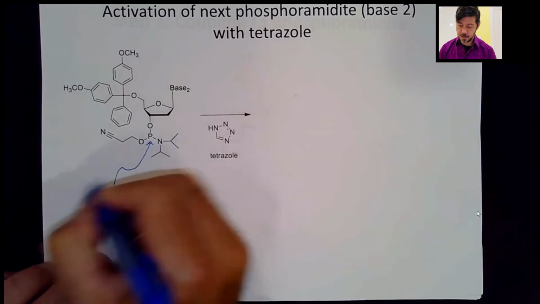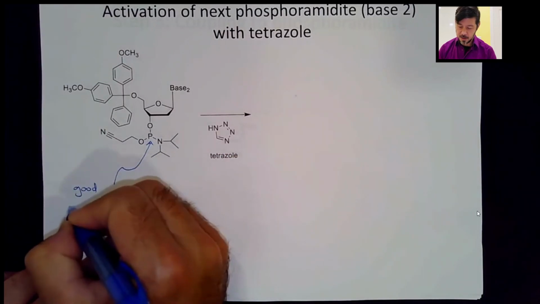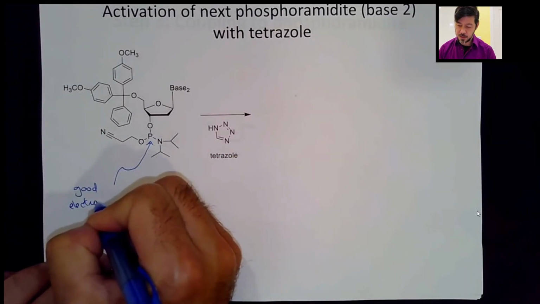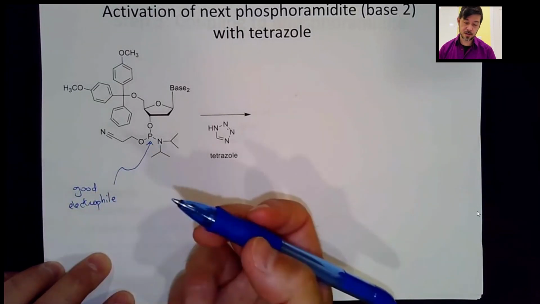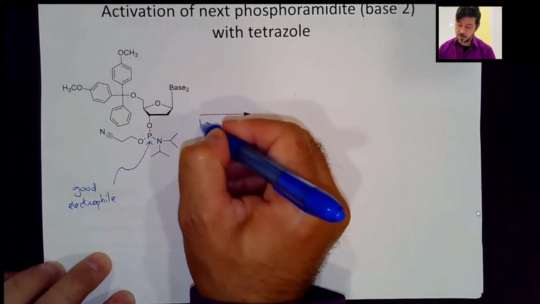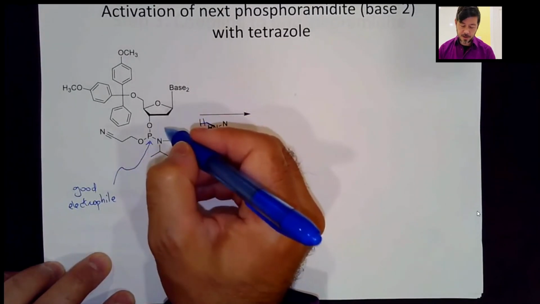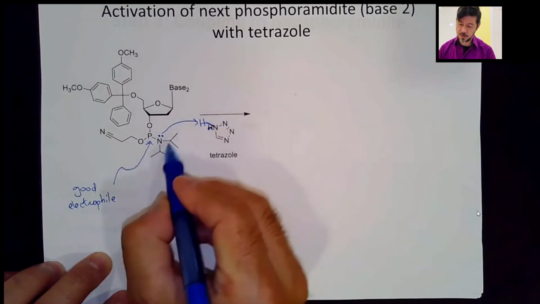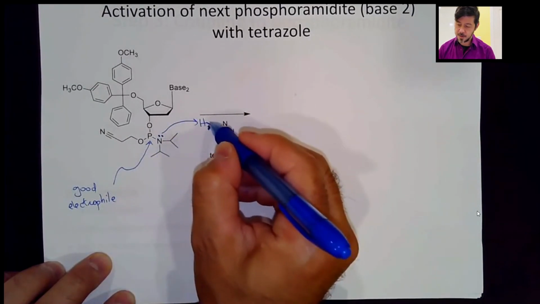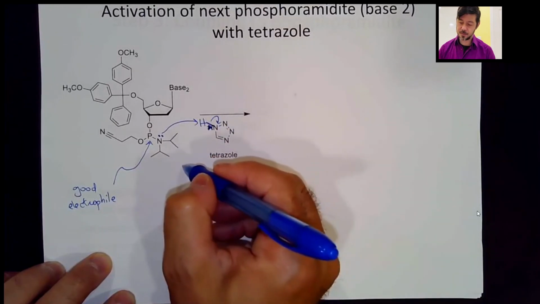And let's call this a good electrophile. But it's really a much better electrophile in the presence of acid. So tetrazole is actually a fairly weak acid, and your nitrogen electrons will come and will pick off that proton.